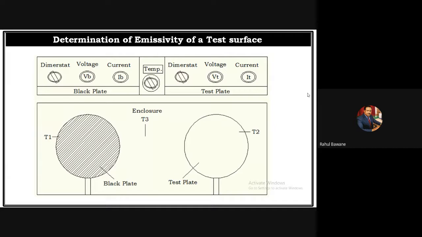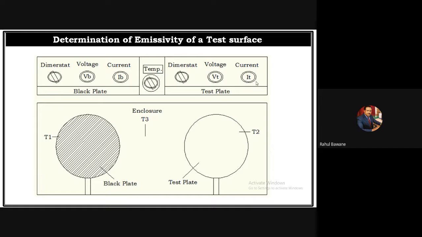On the back side of each plate, a plate heater is provided. One plate is coated with lamp black, so it makes a black body, and the second plate is kept as it is. It is the test surface whose emissivity we are going to measure.